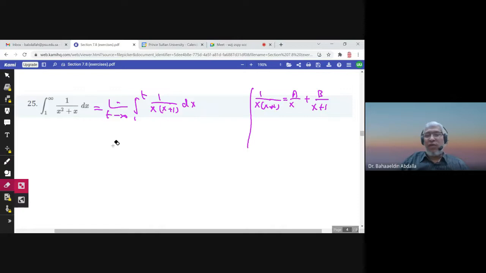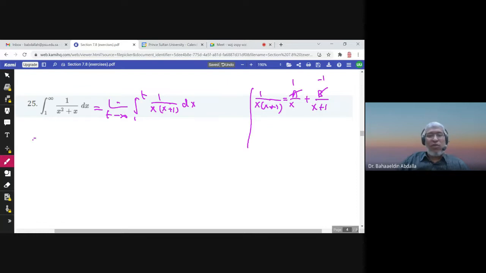And to find a, I can replace x by 0 after cancelling x here. So a would be 1. And replace x by negative 1, cancelling x plus 1. So 1 over negative 1, b is negative 1.